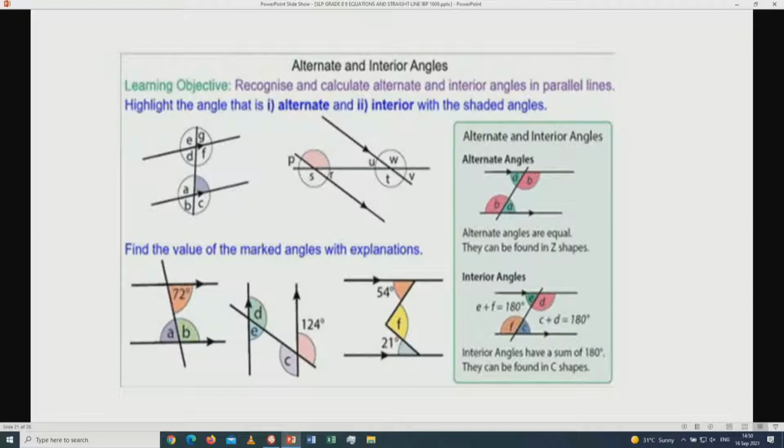Right, let's have a look here. They say, recognize and calculate alternating interior angles, parallel lines. Number one, which ones are alternating? We want to check now. Here are our parallel lines.